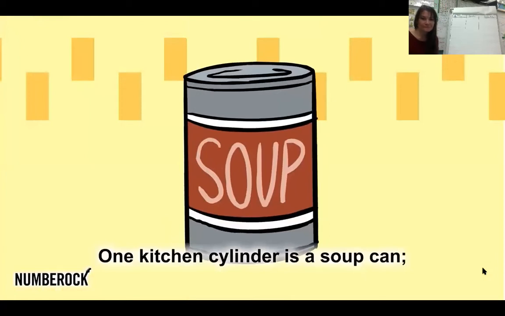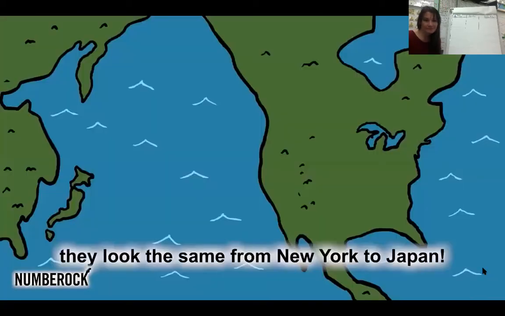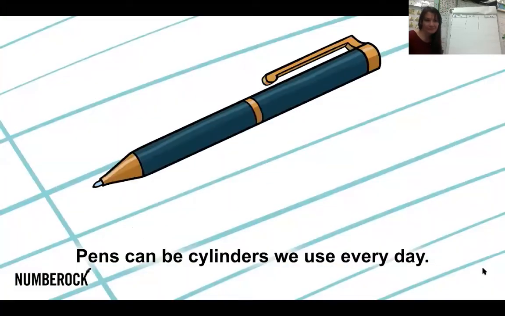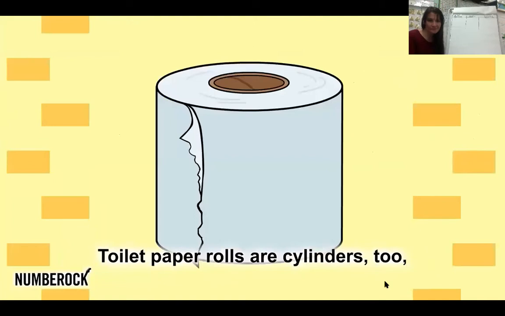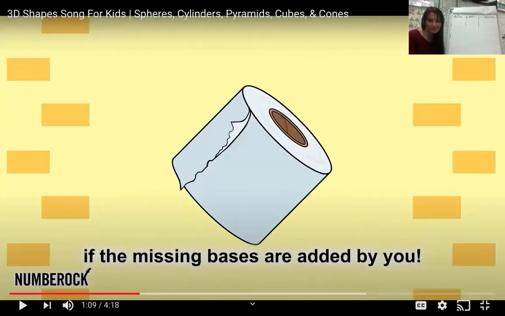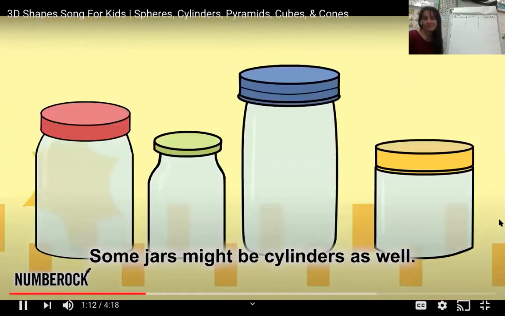One kitchen cylinder is a soup can. Pens can be cylinders we use every day. Power poles are cylinders that bring power our way. Toilet paper rolls are cylinders too. Some jars might be cylinders as well.